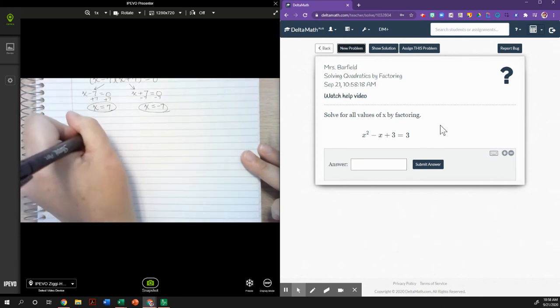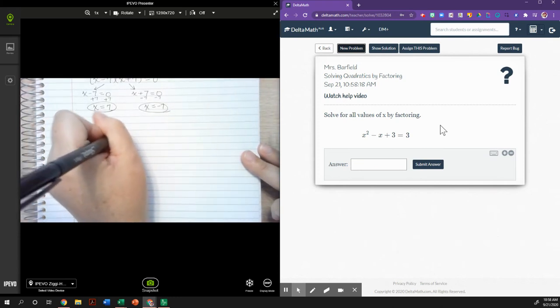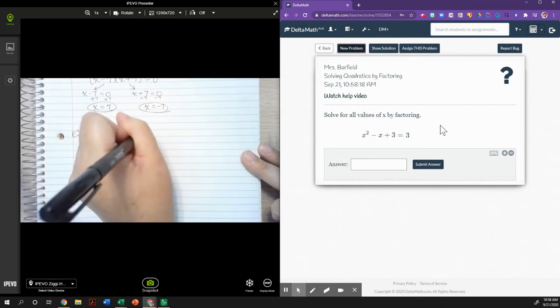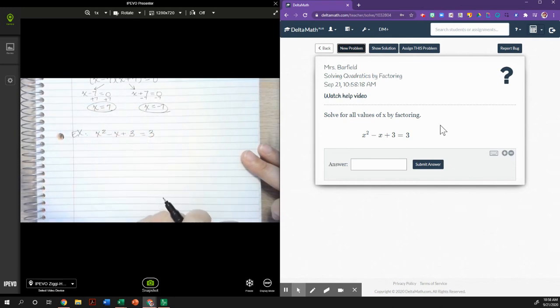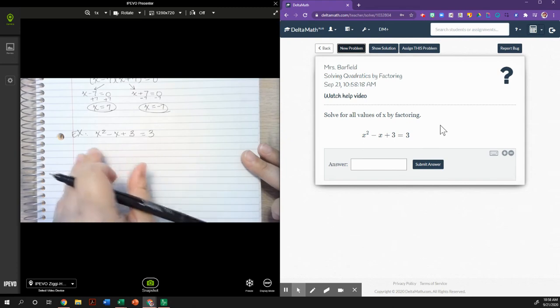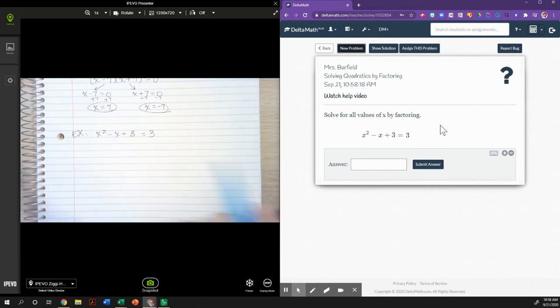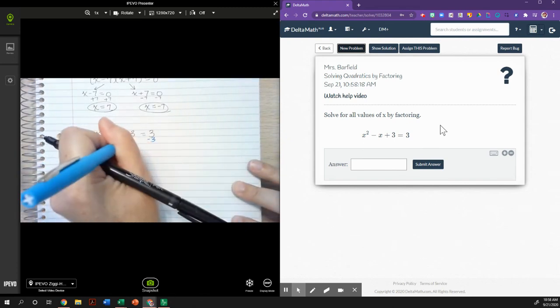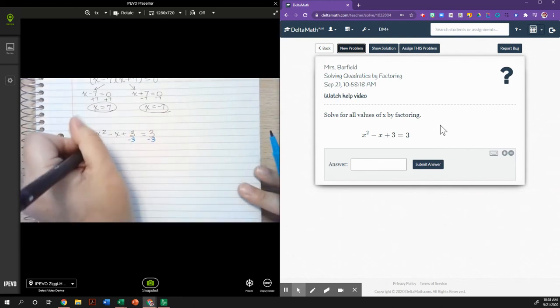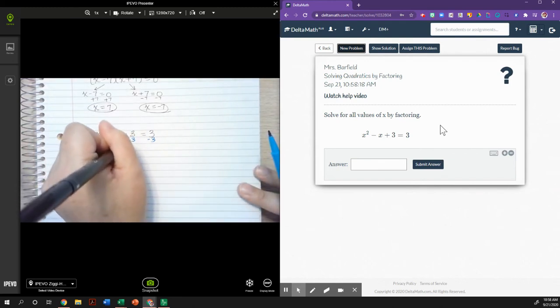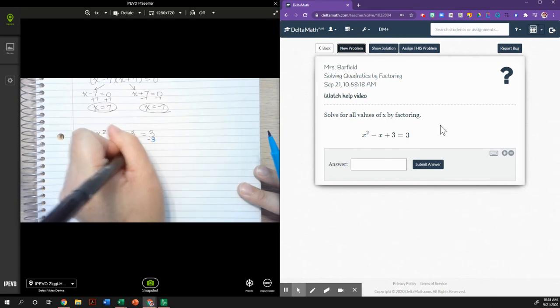So I have x squared minus x plus 3 equals 3. Remember, I cannot engage into a factoring step until it's equal to 0. So I'm going to subtract 3. So I get x squared minus x equals 0.